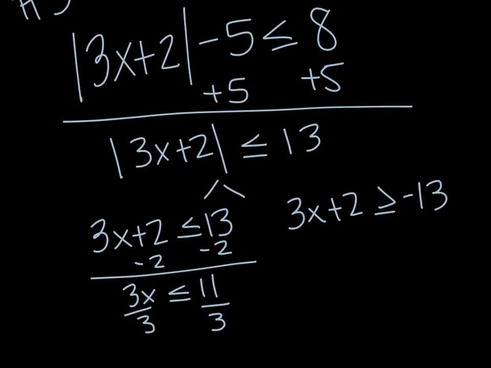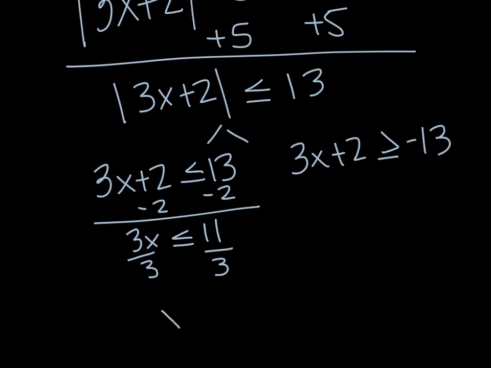So it looks like for the first one we get x is less than or equal to 11 thirds.